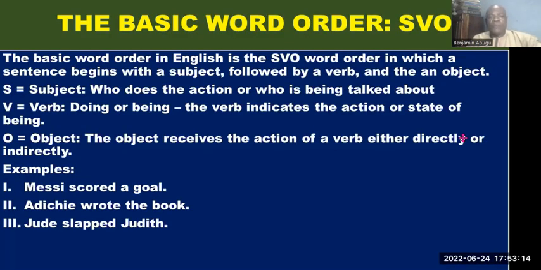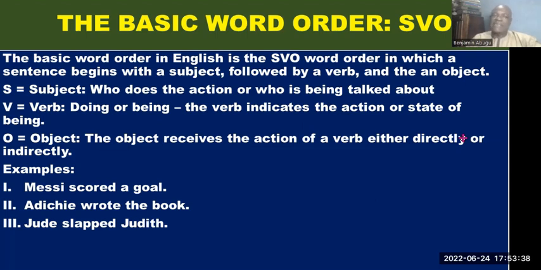Now, we are going to look more at the word order, all right? Now, the basic word order in English is the SVO, all right? The SVO word order, in which a sentence begins with a subject, followed by a verb, and then an object.